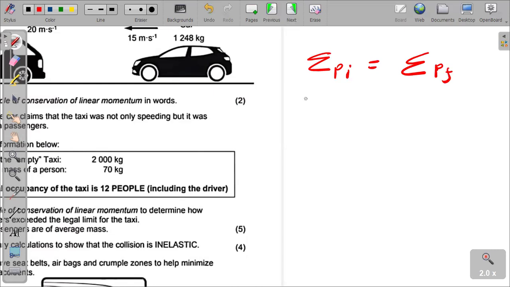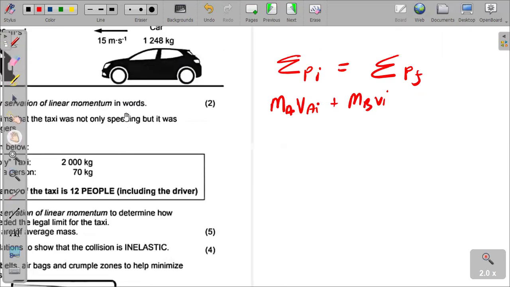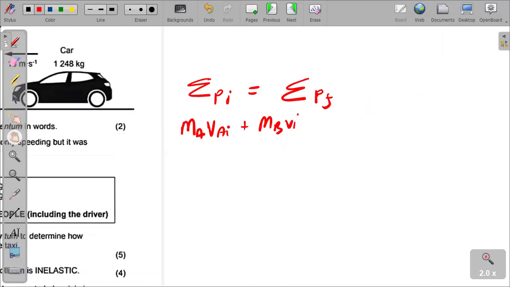So with that in mind, we can directly say, choosing my option, MA VAI plus MB VBI, where I am saying A is my taxi and B is my car, right?